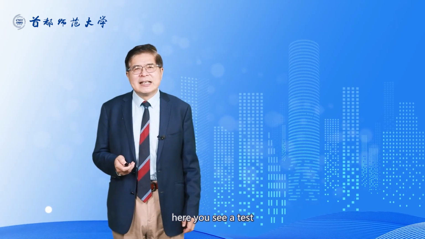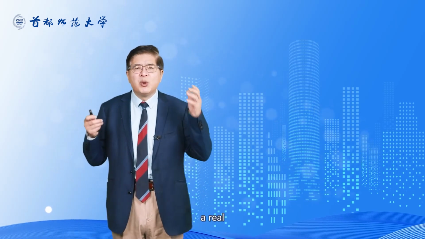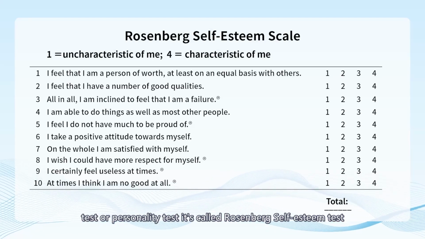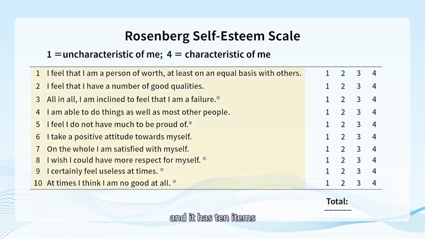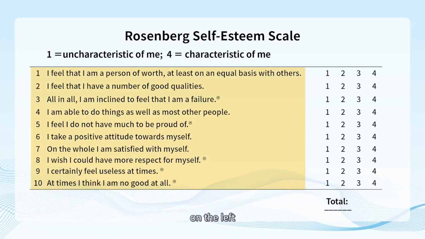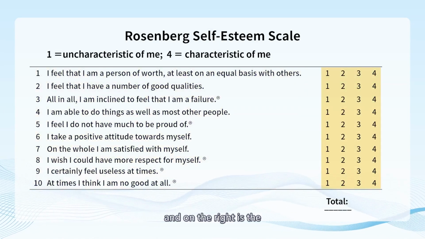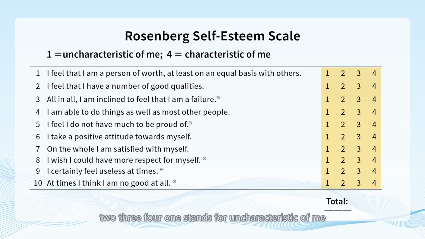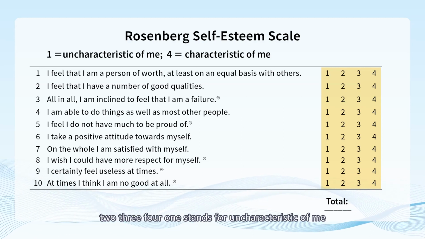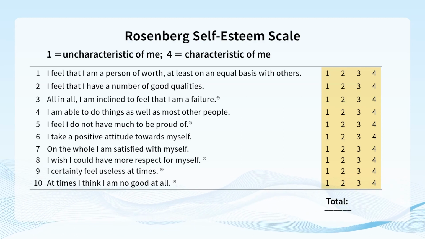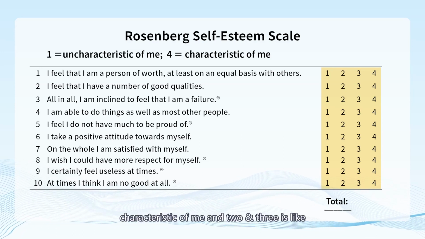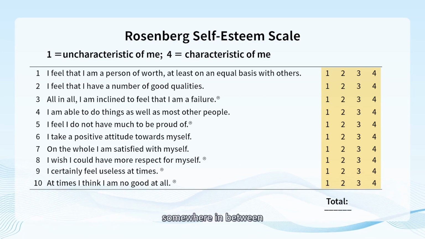Here, you see a test, a real psychological test or personality test. It's called the Rosenberg Self-Esteem Test. It has 10 items on the left, and on the right is the rating response, 1, 2, 3, 4. 1 stands for uncharacteristic of me, and 4 stands for characteristic of me, and 2 and 3 are somewhere in between.